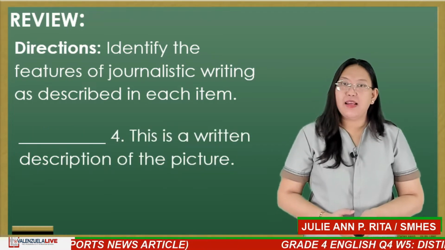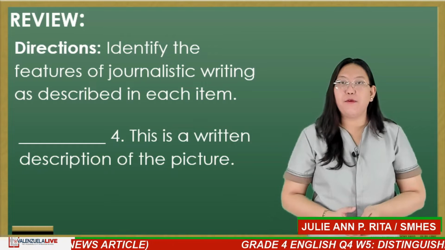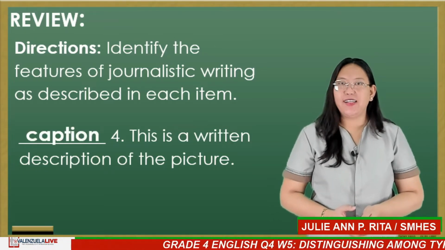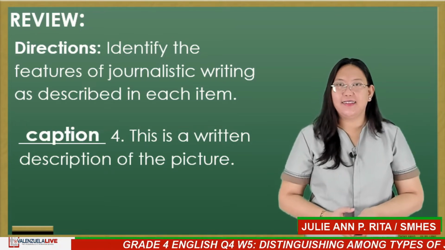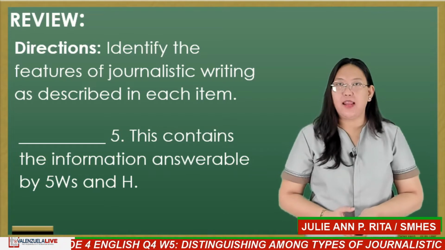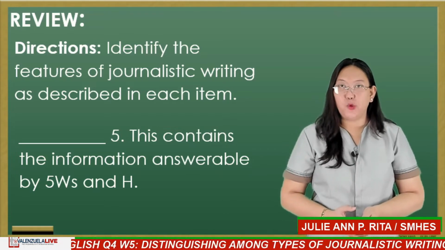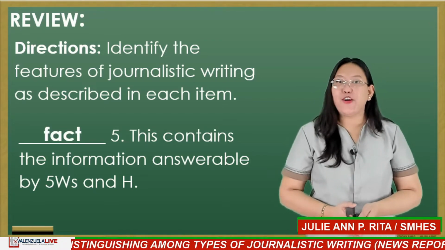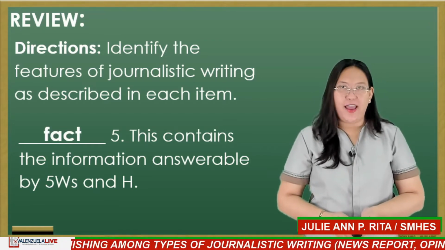Number 4, this is a written description of the picture. Caption is the correct answer. Number 5, this contains the information answerable by 5 W's and H. If your answer is fact, you are correct.